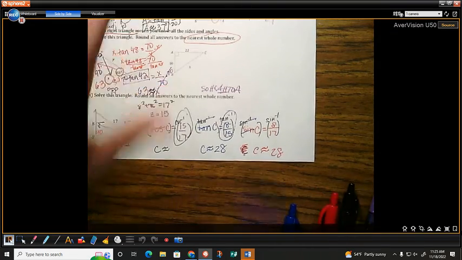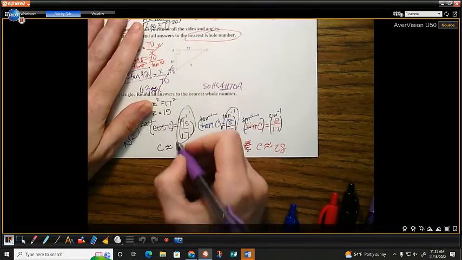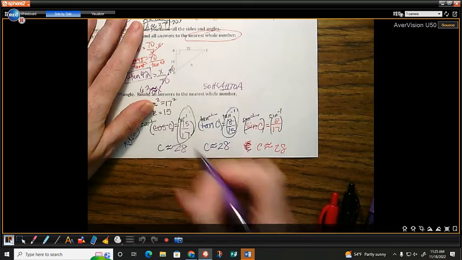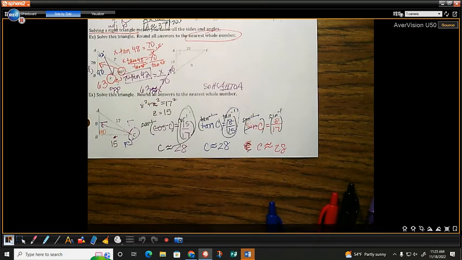And my cosine people, when you inverse cosine 15/17, what do you get? 28. So does it matter which way you do it? No. As long as you pick a relationship that's valid, you can work it any way you want.